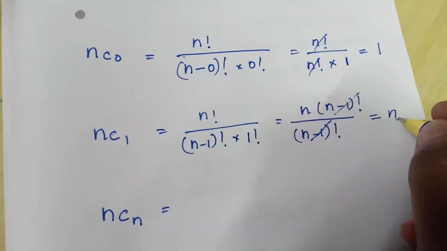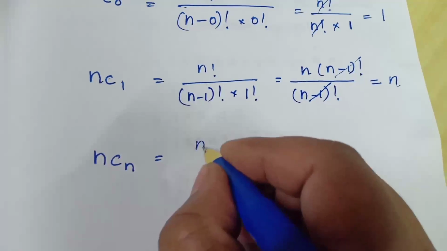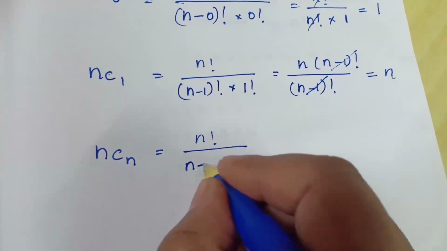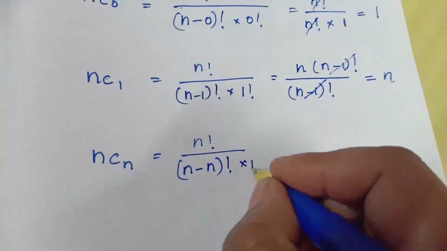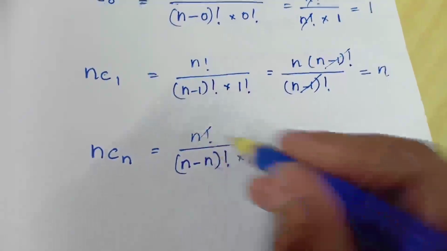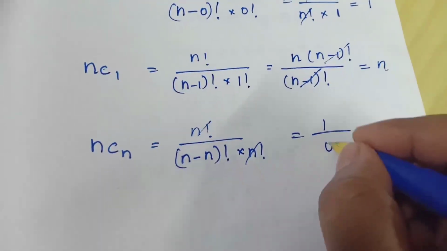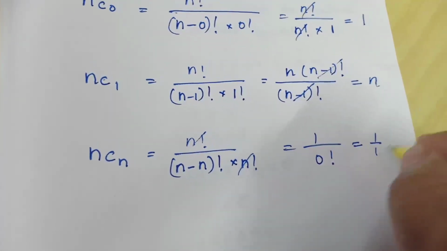The answer is n. Next, nCn. n factorial divided by n minus n factorial into n factorial. The n factorial gets cancelled, so 1 divided by 0 factorial, since n minus n is 0. 0 factorial is 1. Therefore 1 by 1, which is equal to 1.